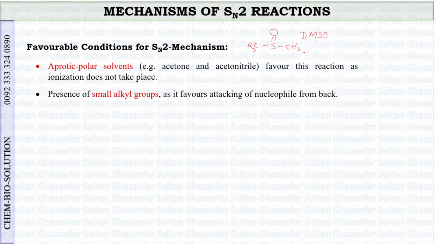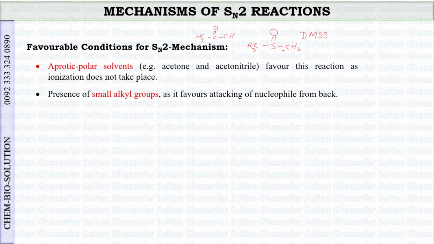So D stands for dimethyl, M stands for methyl, S stands for sulf, O for oxide. So this is the sulfoxide along with the two methyl groups. Its structure is somewhat similar to acetone. This is the structure of acetone.